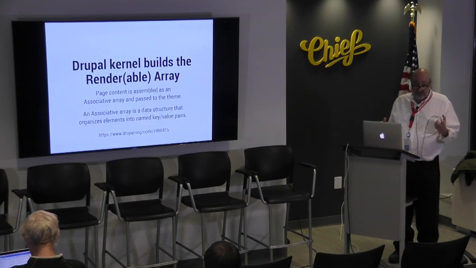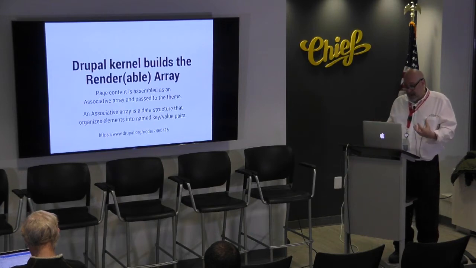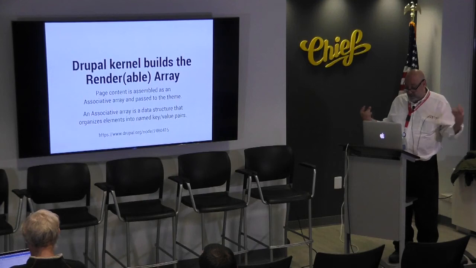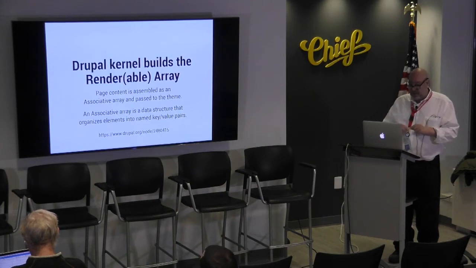So after it loaded the node into an object, it's turned it into something you could start theming, because now you have all of those nice pieces that actually make up your content, but there's no theme, there's no visual anything attached to it. It's just raw data labeled one piece at a time so that you can find it in this structure.